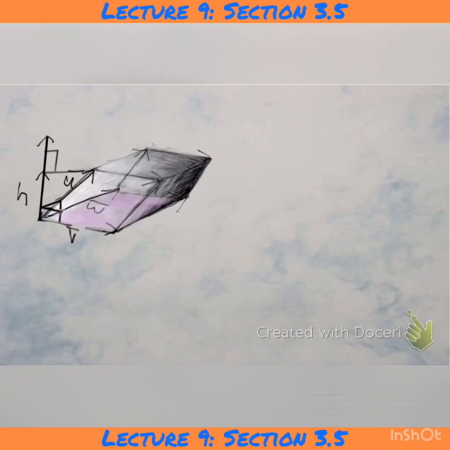The area of the base is basically the norm of the vector v cross w.